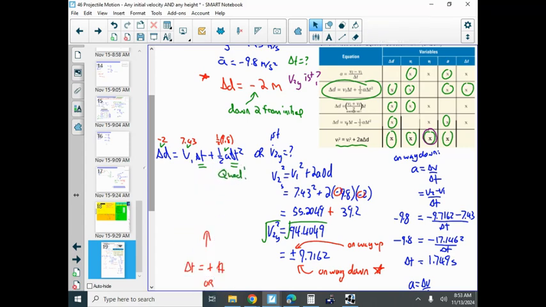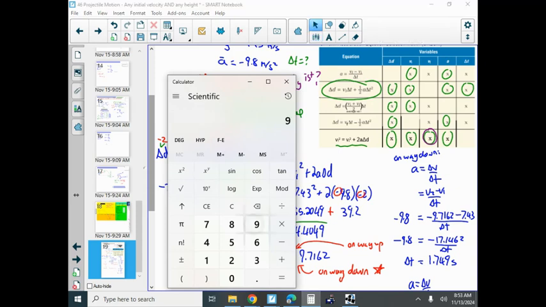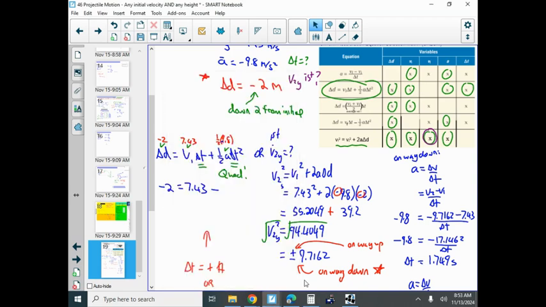So we'd have a negative 2, a 7.43, and a 1/2 of the negative 9.8. Just so you're not stressing out about numbers, divide by the 2 and you get your 4.9 that you'll get used to seeing as you go, but I don't want to just seem like I'm pulling numbers from nowhere here.